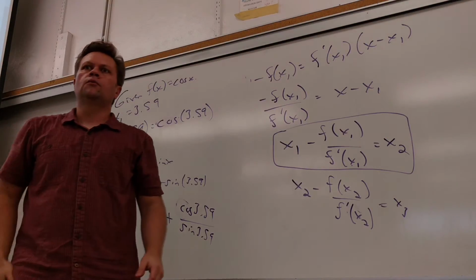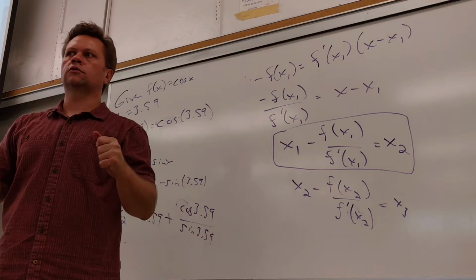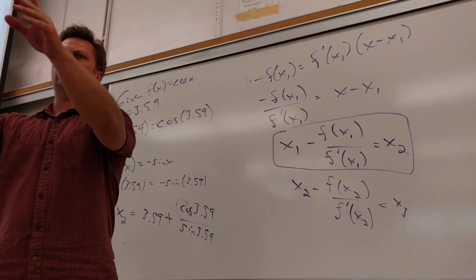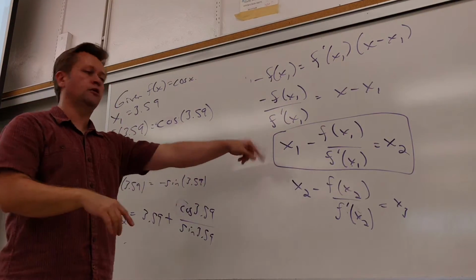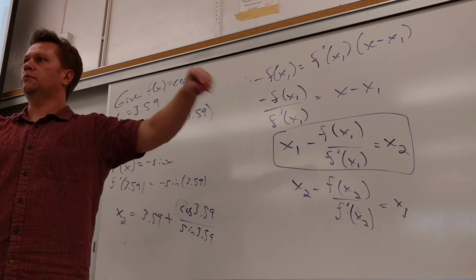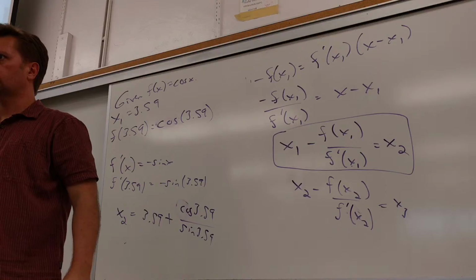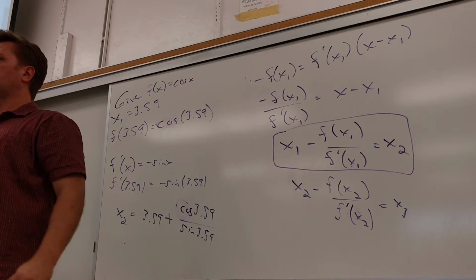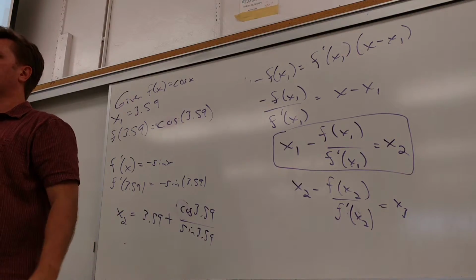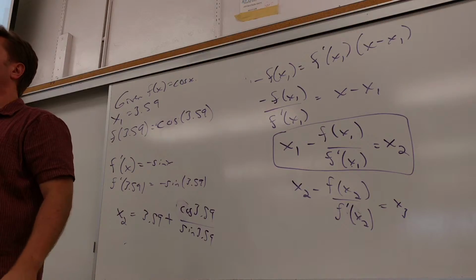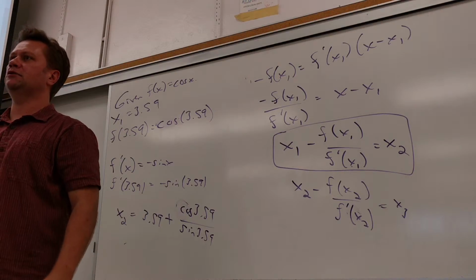They're just following that formula. So let me show you in the calculator how it can automate this, so you don't have to do this a million times. If we were doing it by hand, how would you know when to stop? Do you notice how I couldn't possibly expect you to do it by hand? Do you know what the sine of 3.59 is? Oh, no. All right, so you're not going to do this by hand.